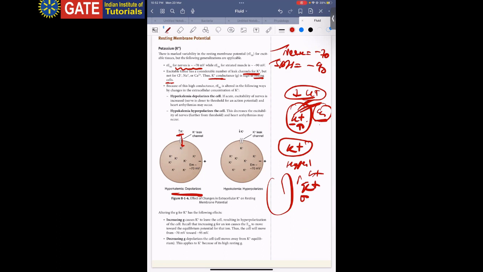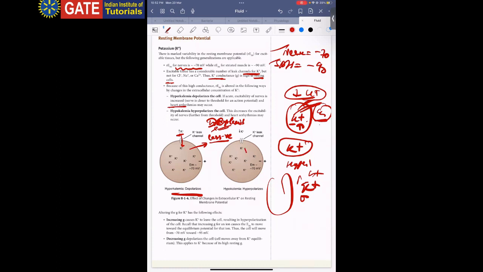As it moves in, the charge inside the cell will become less negative because the positive charge is moving in. So it went into hyperpolarization. Sorry, what I'm saying, depolarizing. It becomes less negative, it means it is depolarizing. Okay, and that can increase the excitability of the tissue and can result in heart arrhythmia.